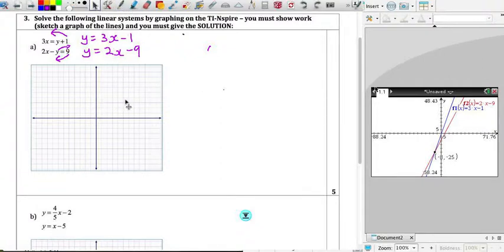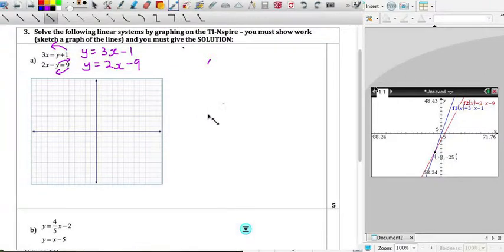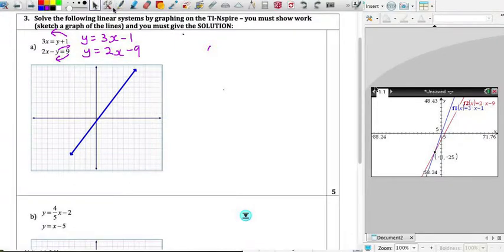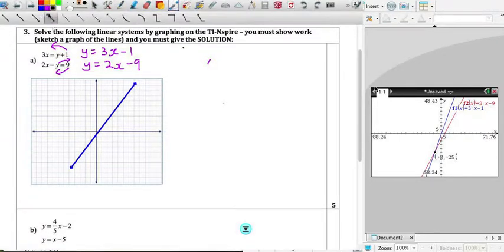So I'm just going to sketch a couple of lines over there which approximately represent what I'm seeing on my calculator. So there's my first line. I'll change colors and select a second one. Go back into the line menu and we'll change colors.